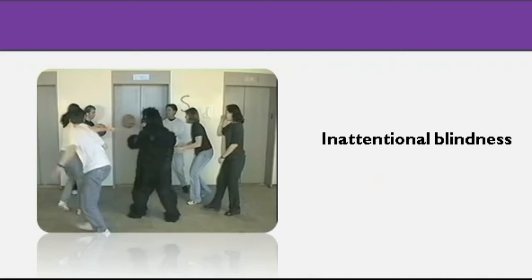We are only focused on certain things. For this one, it's inattentional blindness because there will be no changes. However, since there are no changes in the clip, there is a certain thing that we were asked to focus on, which is passing the ball. That's why it's called inattentional blindness.